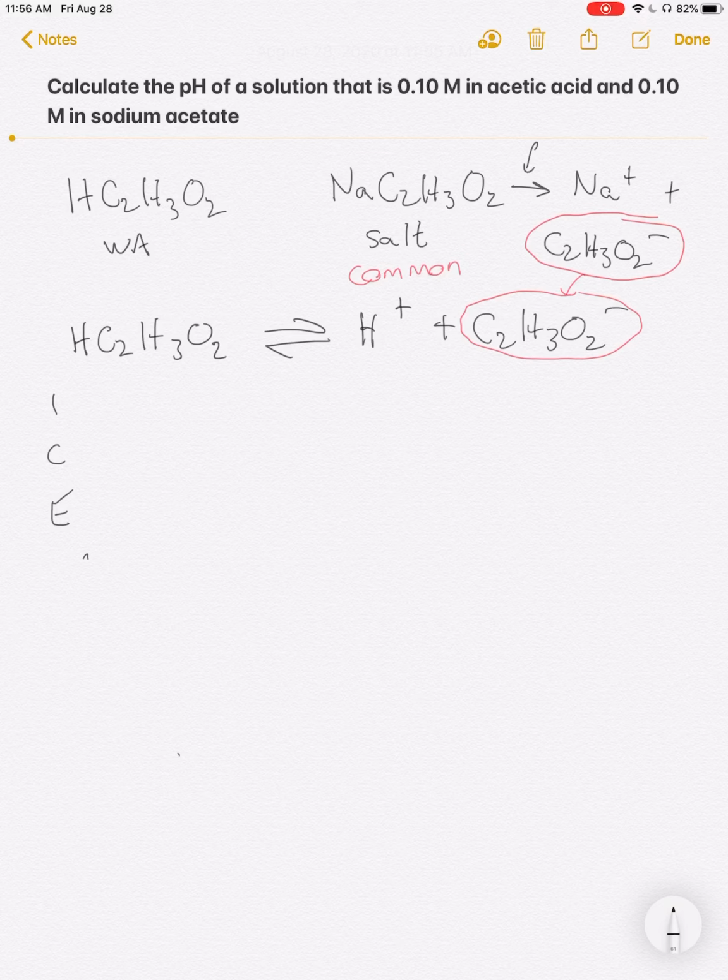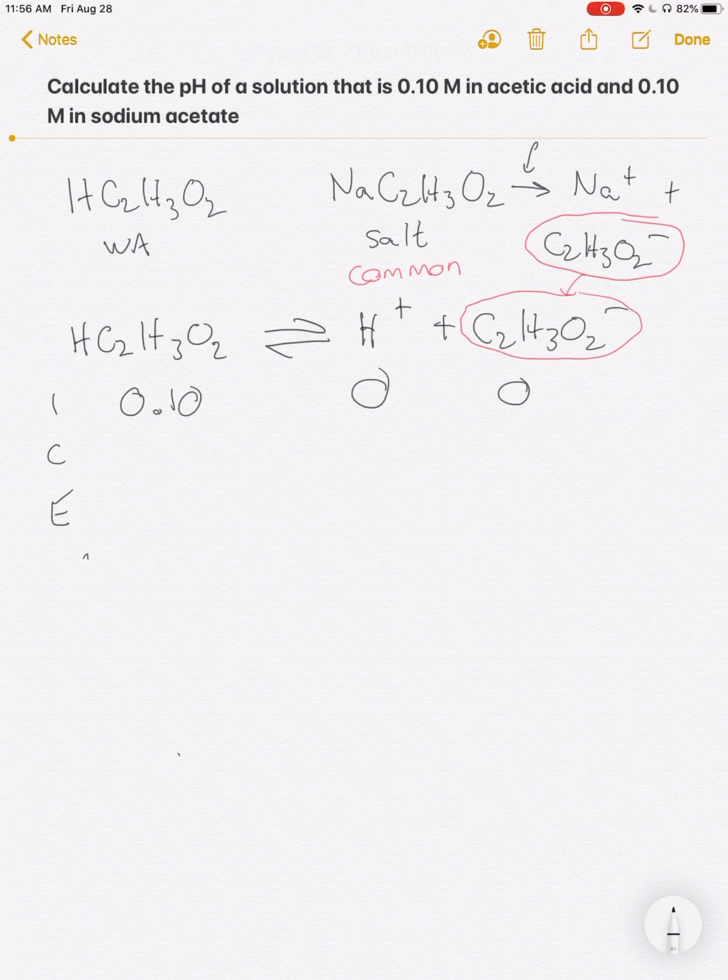Previously, when we had an ice table, we only had a weak acid in the solution. The molarity of the acetic acid initially is 0.1, and there is no hydrogen ion or no acetate ion if we had the weak acid alone.